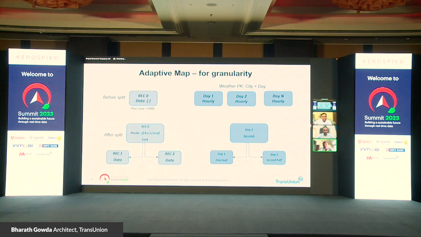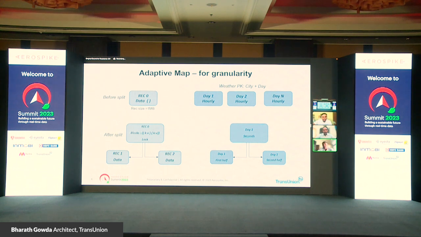So this was helpful to scale the incoming data for a particular primary key. To give a quick example in layman terms, take that we are using a combination of city and day to capture weather information.